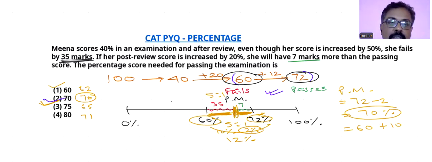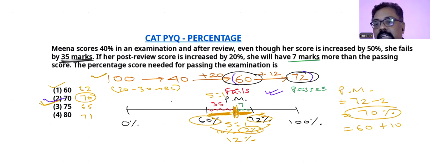When options are suitable, this technique takes a maximum of 20 to 30 seconds. If options are not suitable and you have to use the number line, it will take a maximum of 50 to 60 seconds. So this way or that way, this question can be solved in half a minute to 1 minute.